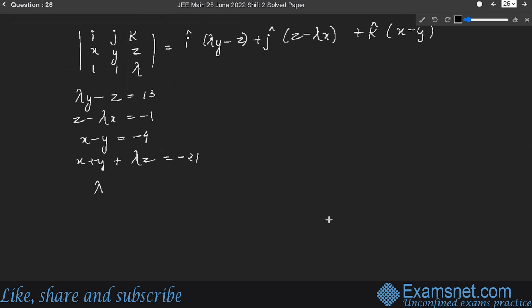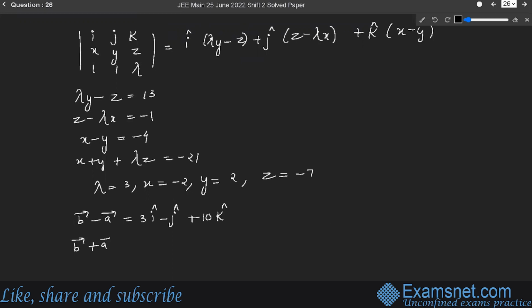It is clear that lambda will be equal to 3, x will be equal to minus 2, y will be equal to plus 2, and z will be equal to minus 7. So B vector minus A vector will be equal to 3i minus j plus 10k, and B vector plus A vector will be equal to minus i plus 3j minus 4k.